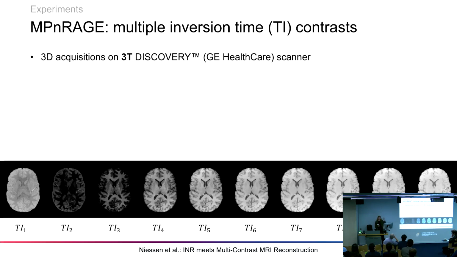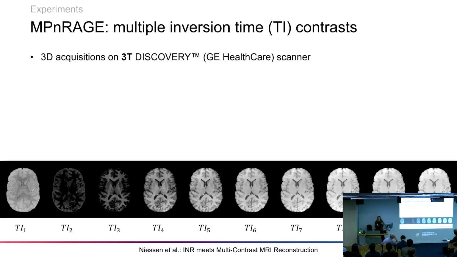So before you saw Y and Z used to train the network, which means we work slice-wise, and the X direction is the readout direction. This is really cool because that way you can reconstruct different slices, and at the end you can stack the slices together and have a 3D volume of the brain. So you can look not just at axial views, but also sagittal and coronal views. We acquired this on a 3 Tesla GE Discovery scanner.